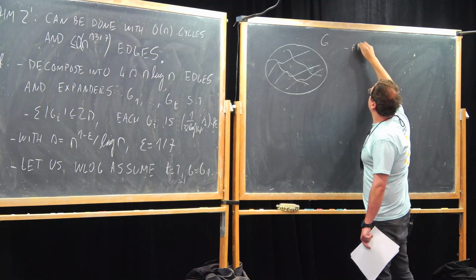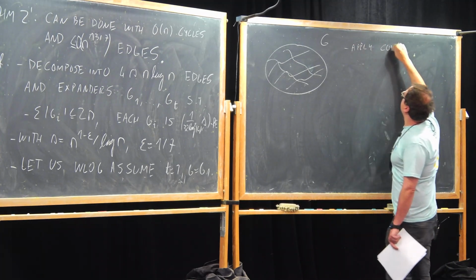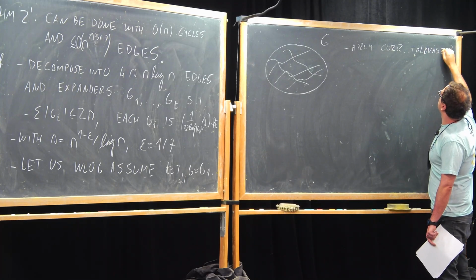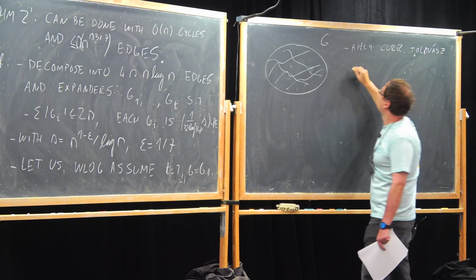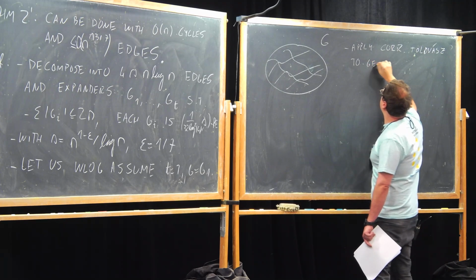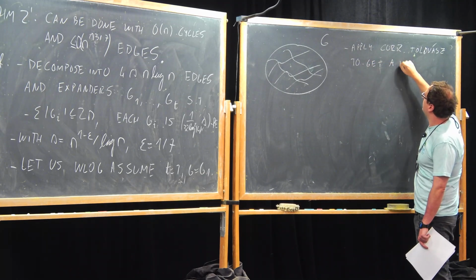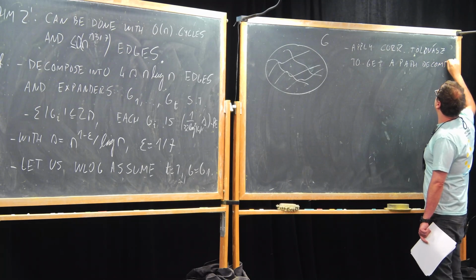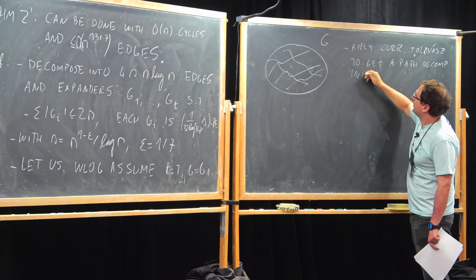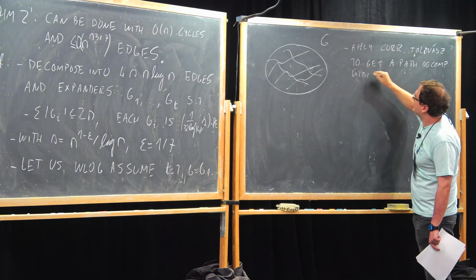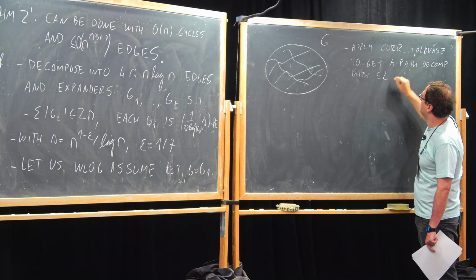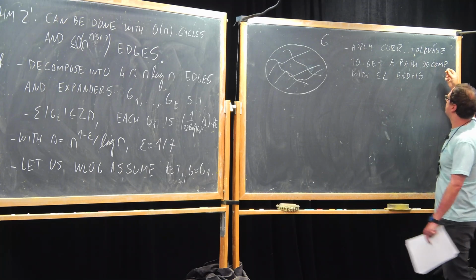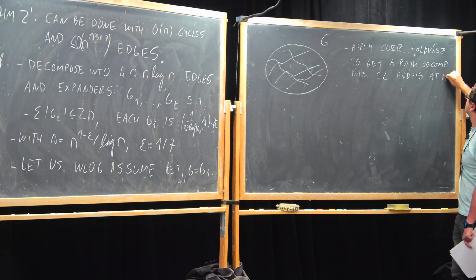So apply a corollary to Lovász to get a path decomposition with at most 2 endpoint collisions per vertex, at any vertex.